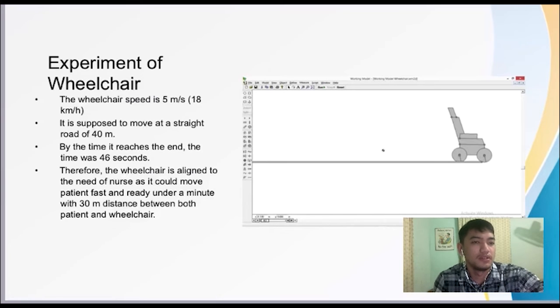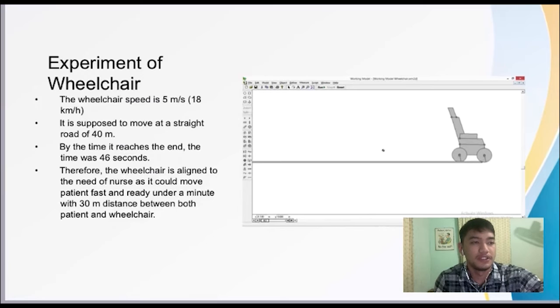So this experiment started from the front until the end of the plane. When I conducted this experiment, I saw that the time was 46 seconds for the wheelchair to complete its journey.